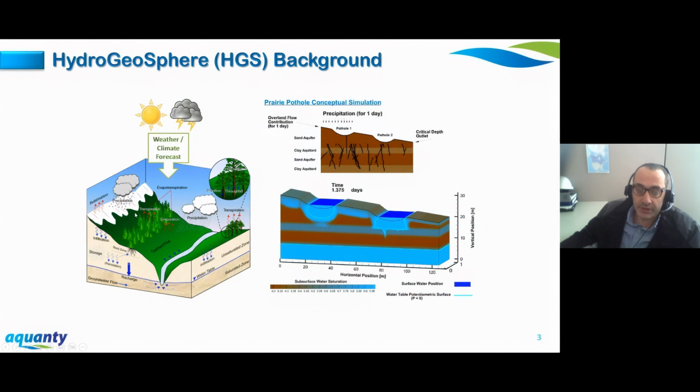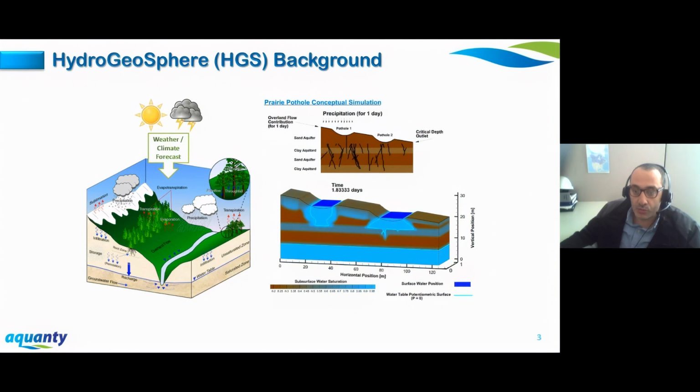You force the model using precipitation and snow melt and potentially evapotranspiration, and the model will have a surface domain which will simulate surface storage and surface runoff. The surface domain will be fully coupled to a porous media domain that will simulate groundwater flow, infiltration, and discharge.